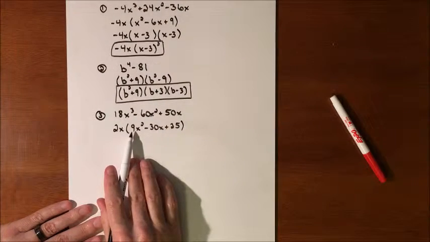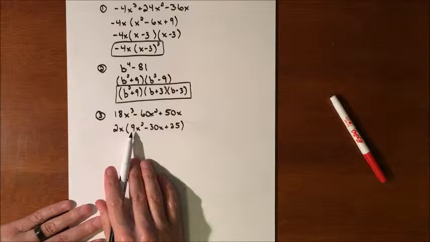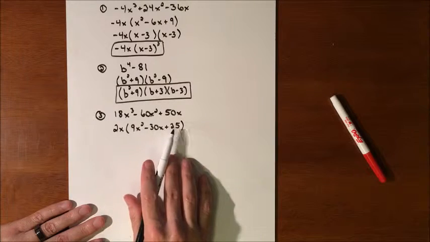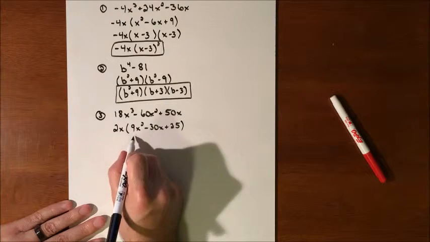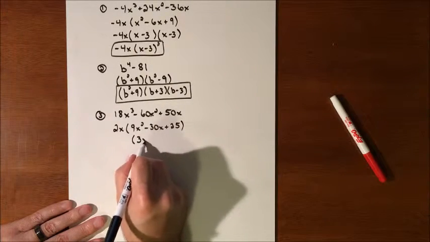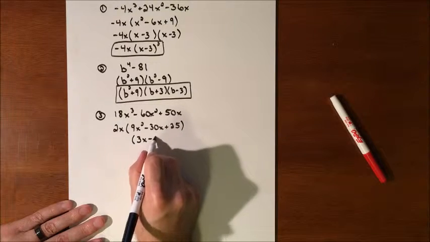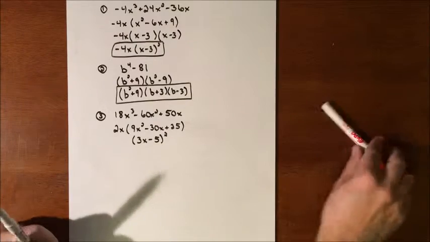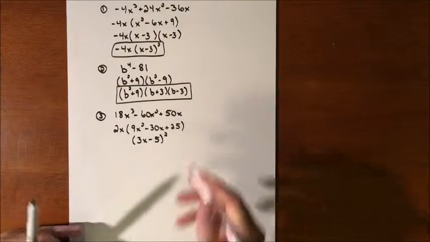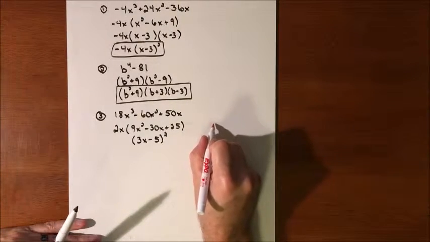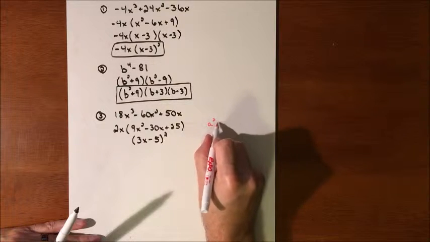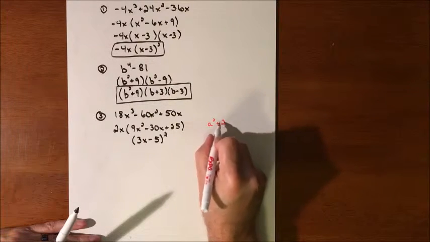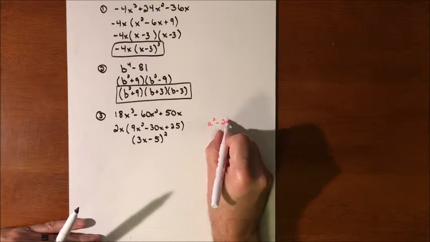Instead, I have a number, so I could potentially have to do the AC method, or another version of that. But I do have a perfect square and I have another perfect square, so there is potential that it could factor into this. If that works, it's because you have an a squared minus 2ab plus b squared.